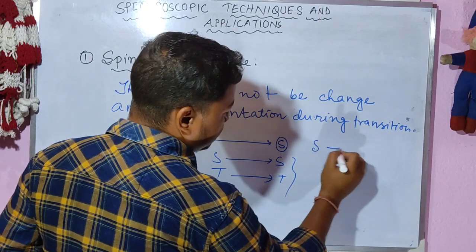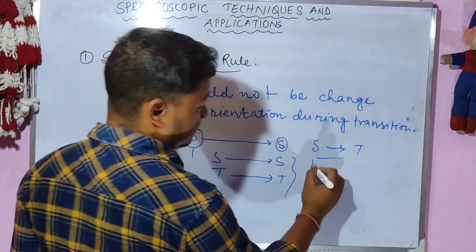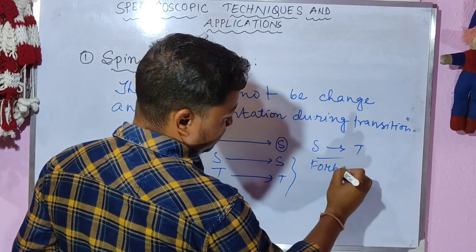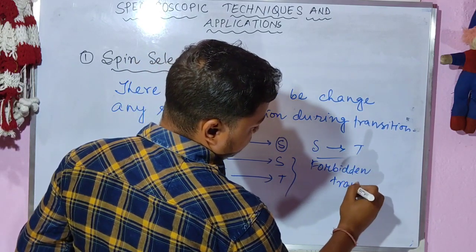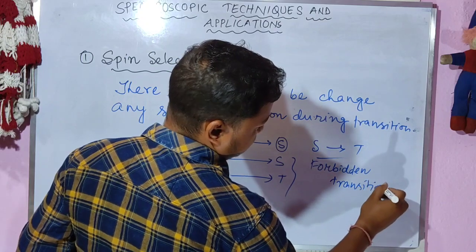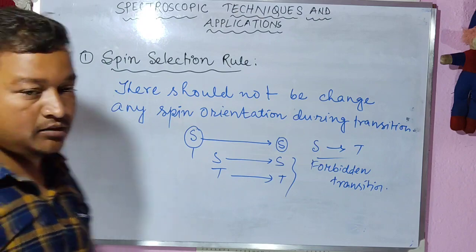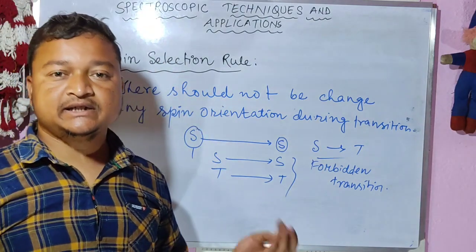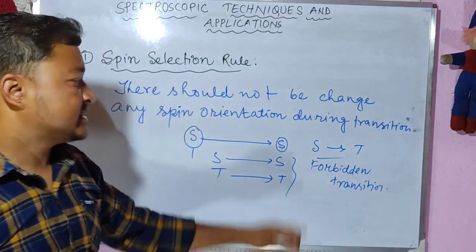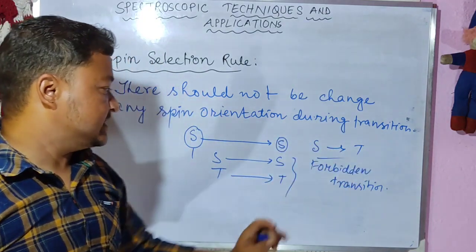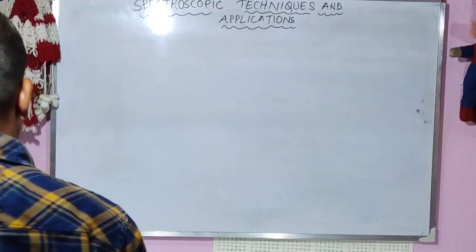But singlet to triplet is a forbidden transition. This is the spin selection rule. That is, singlet to singlet transition is allowed, triplet to triplet transition is allowed, but singlet to triplet or triplet to singlet transition is forbidden.